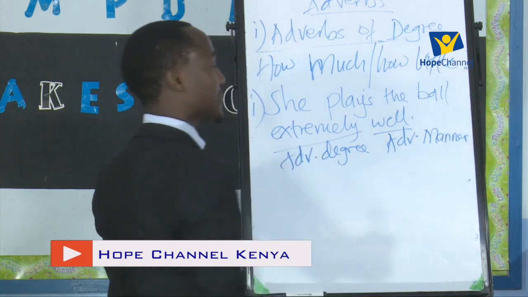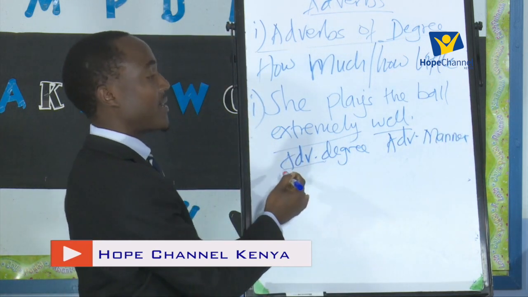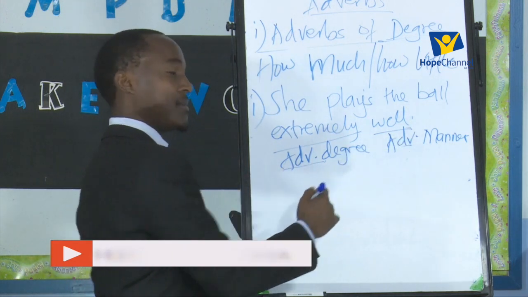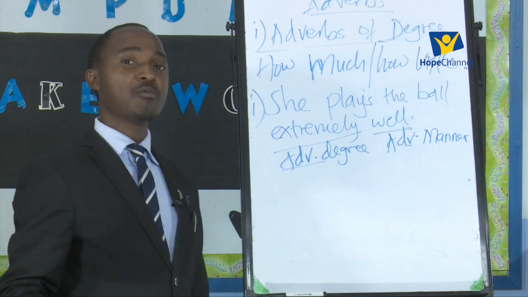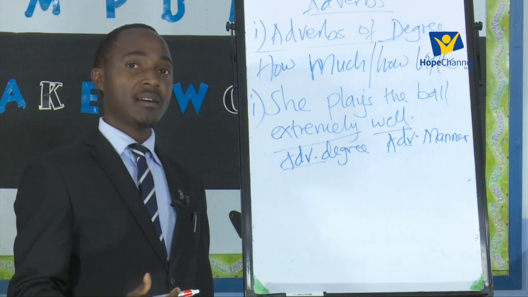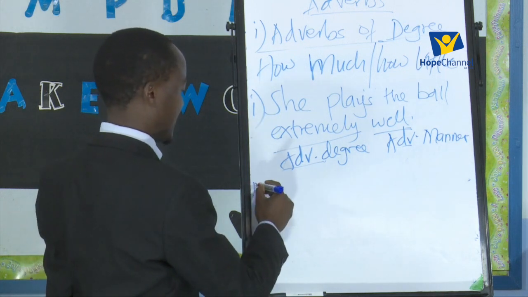So we have two adverbs here. That means the adverb extremely modifies the adverb well. An adverb modifying an adverb. This will recur in many of the examples we'll give because that is the definition that we give.